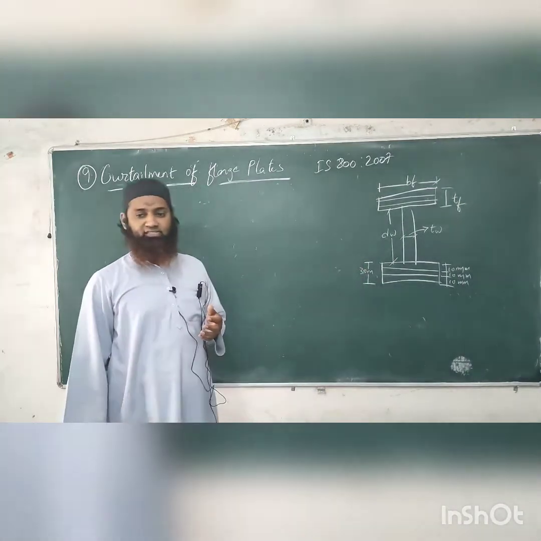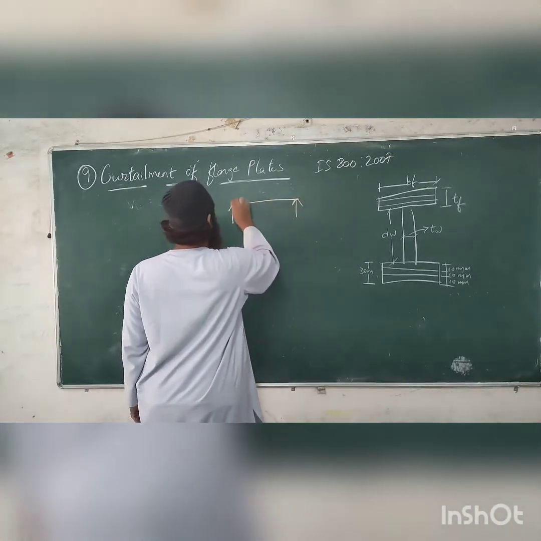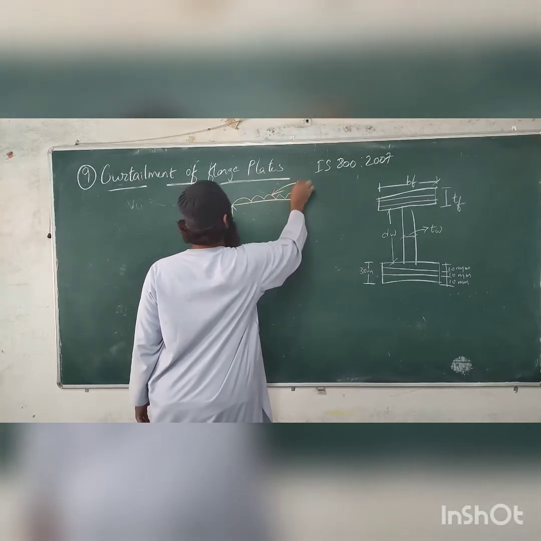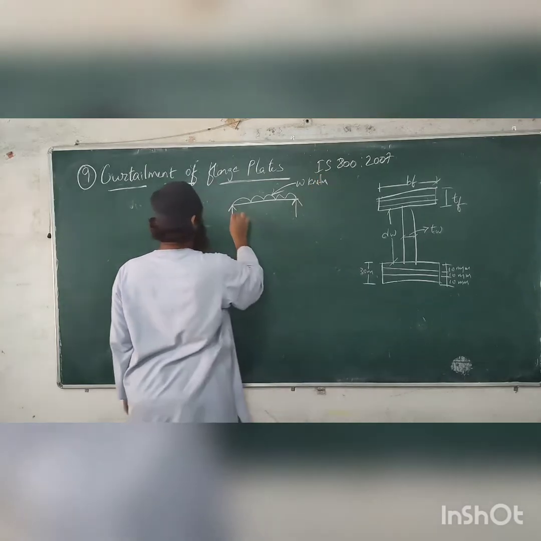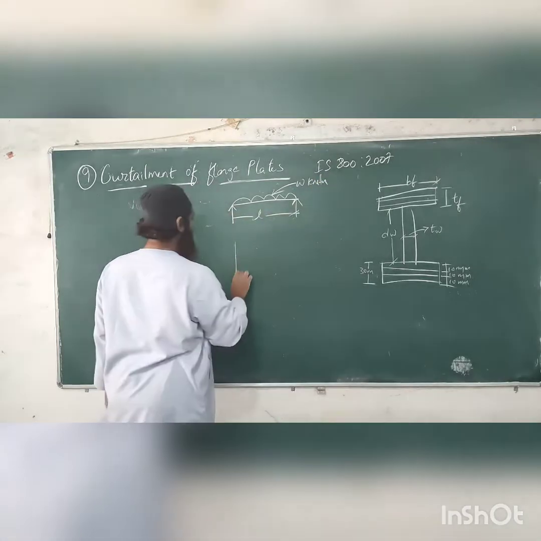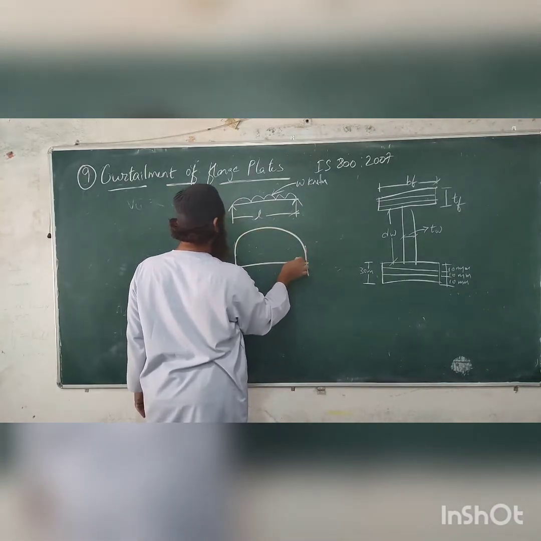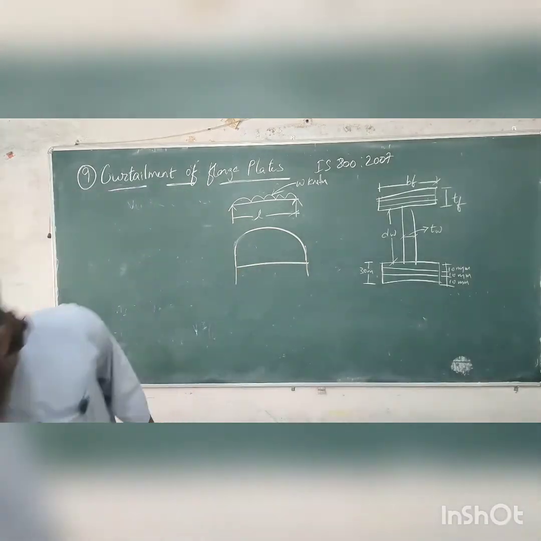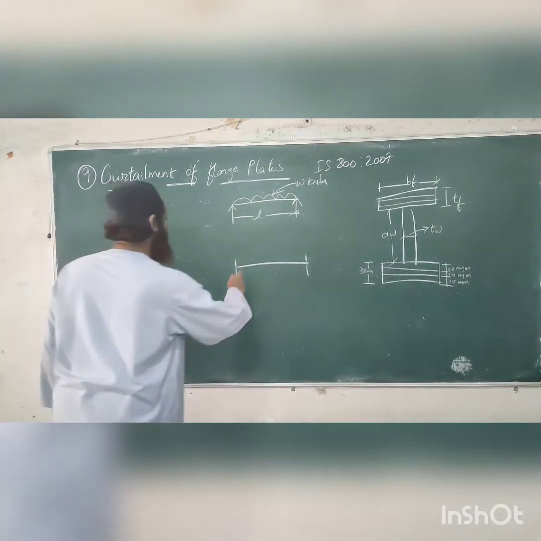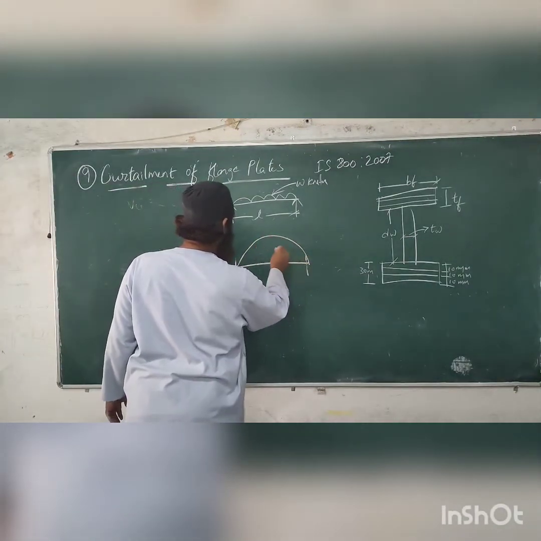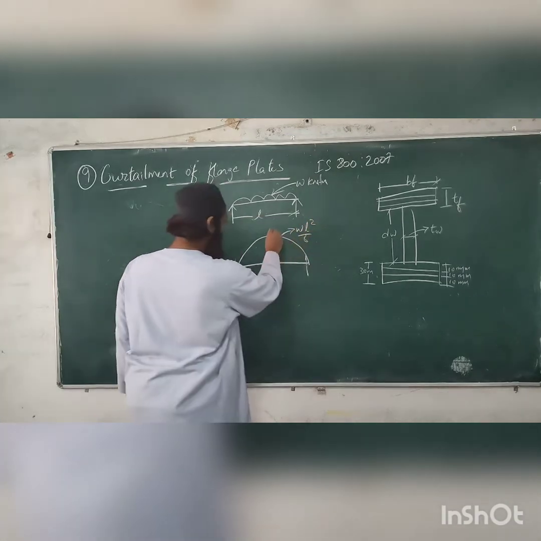Now what is curtailment? As I had told you, if we have taken a simply supported beam and this is the UDL coming over it, this is the maximum bending moment which we are getting. The maximum bending moment WL square by 8 is at the center.